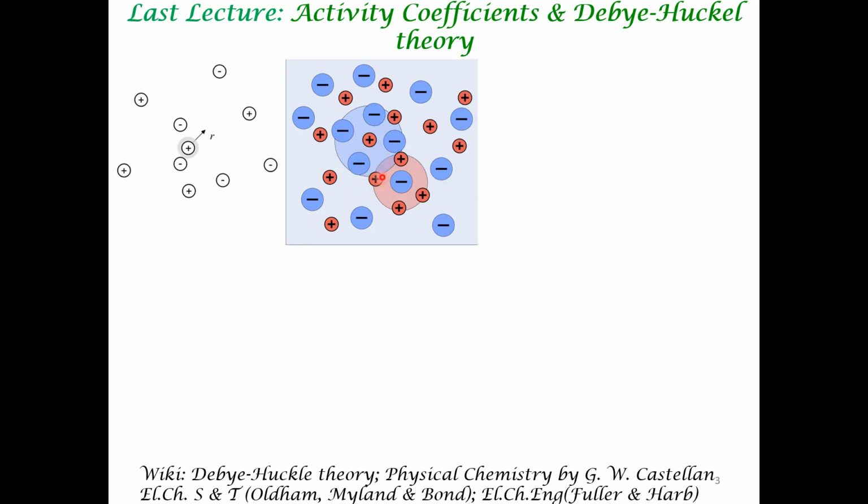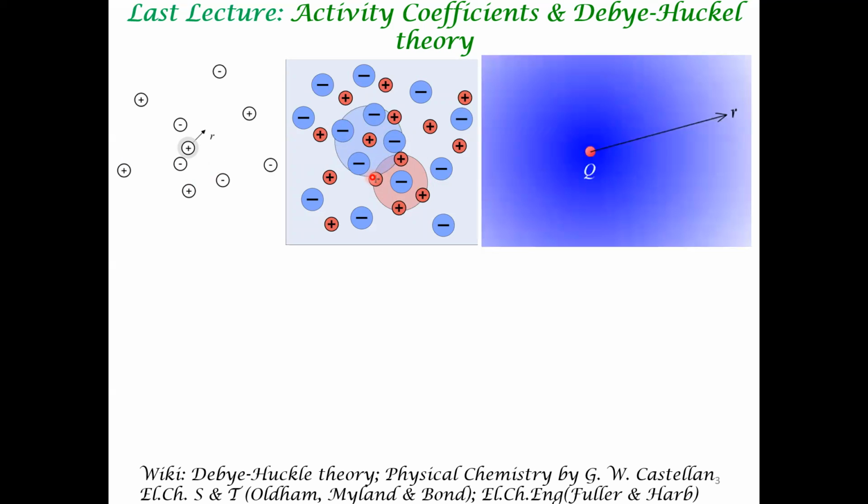They are mobile, and with these features, Debye-Hückel built a mean field theory. What is the mean field theory? So we spent a lot of time elaborating why Debye-Hückel theory is a mean field theory.